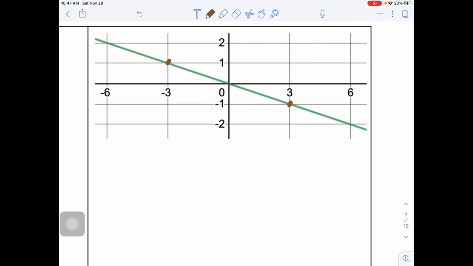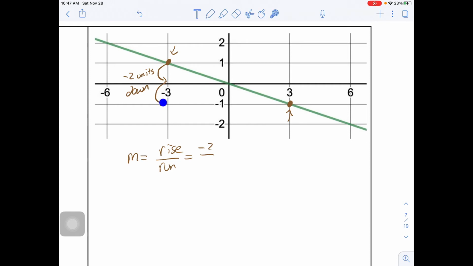Now, how do I get from this point to this point? Again, it'll be rise over run. So let's figure out my rise. To get from here to here, I have to go down 1, 2 units, so negative 2 units down. So this would be -2 for my rise.